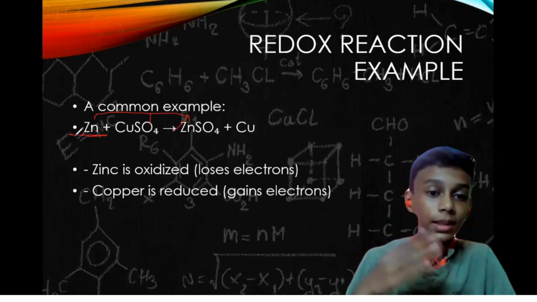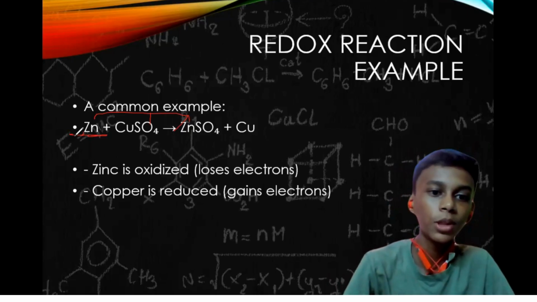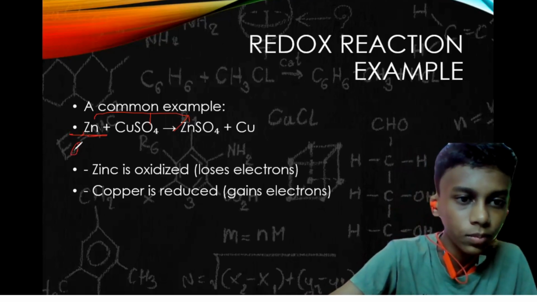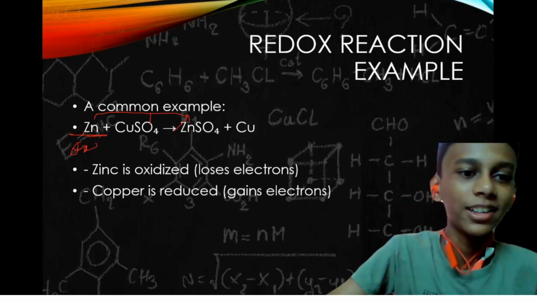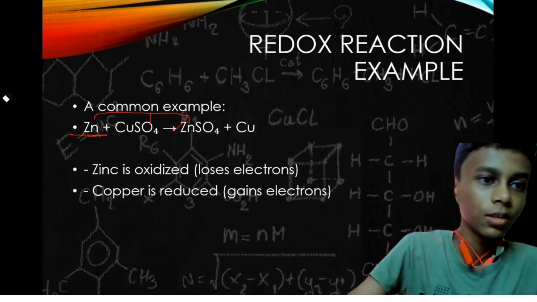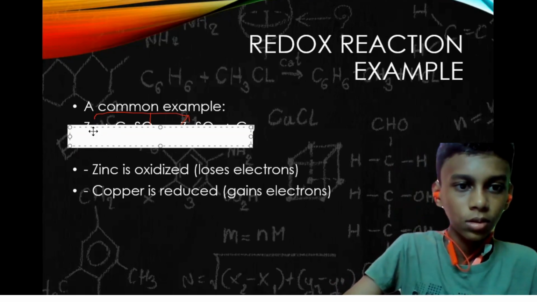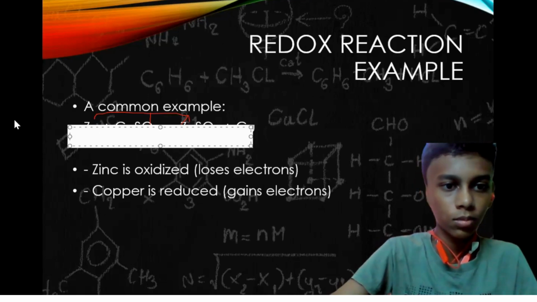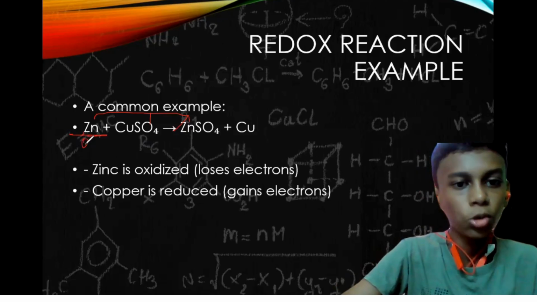If there is reduction happening, the one which is giving electrons will be known as the reducing agent. It's hard to show, so I'll just put a text box. So zinc is the agent, I'll just put an O.